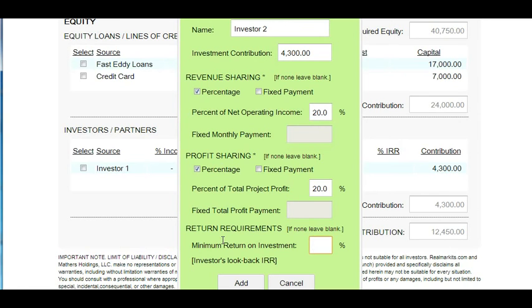At the sales price, the sales value as it's distributed, it's going to readjust that value to try to meet his IRR. If it can't, it's going to just take whatever's remaining. If the cash flow from the operating income and the profit doesn't meet his return, then it's readjusted at the sale. So let's say he wants 20%.